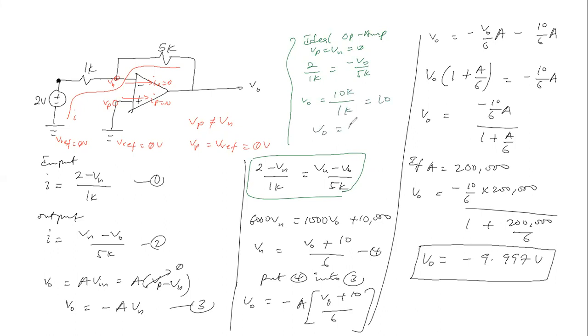So V naught is equal to 10 for the ideal case. You see that in the non-ideal case, it is close to the ideal value, but some approximate value.